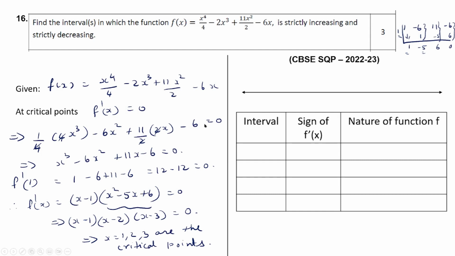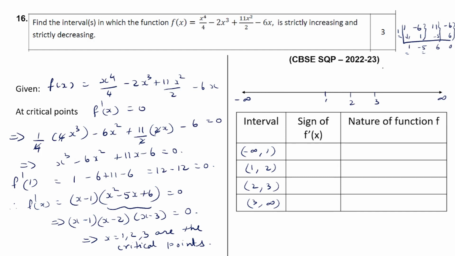Now we can divide the entire number line into intervals from minus infinity to 1, then 1 to 2, 2 to 3 and 3 to infinity. So the various intervals are minus infinity comma 1 open interval, 1 comma 2, open interval 2 comma 3 and open interval 3 comma infinity.